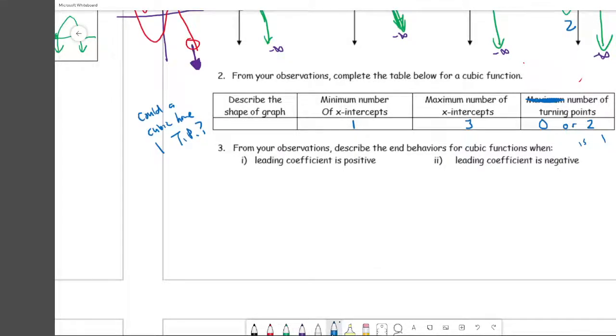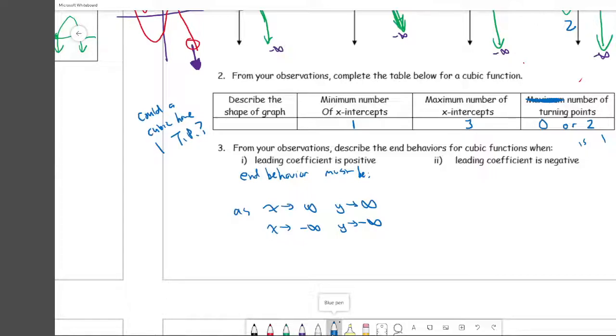So we could say, for example, if the leading coefficient is positive, then the end behavior must be, as x approaches infinity, y approaches infinity, and as x approaches negative infinity, y approaches negative infinity. That must be the case if the leading coefficient is positive.